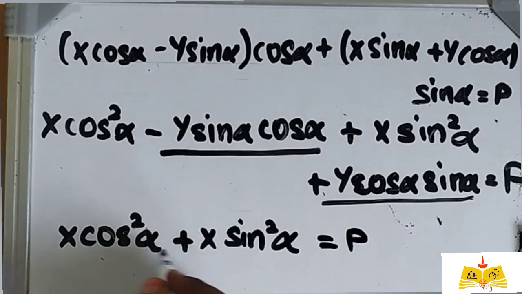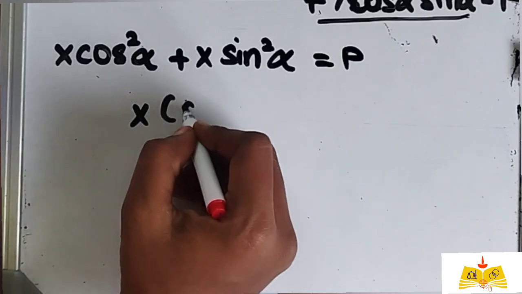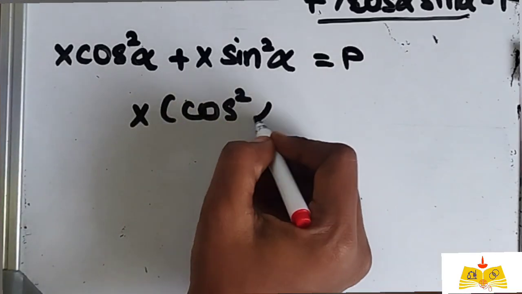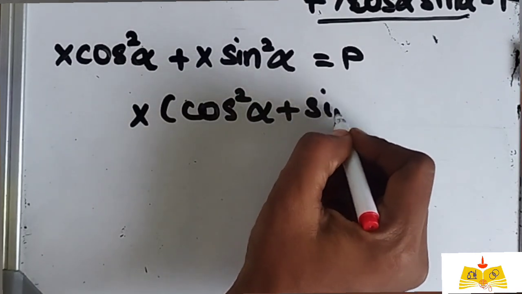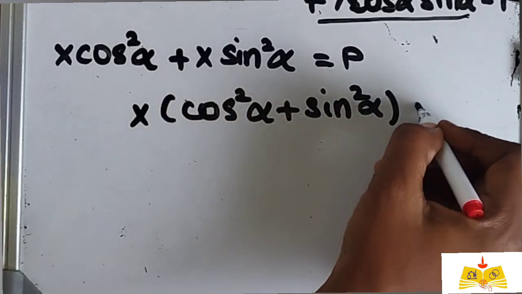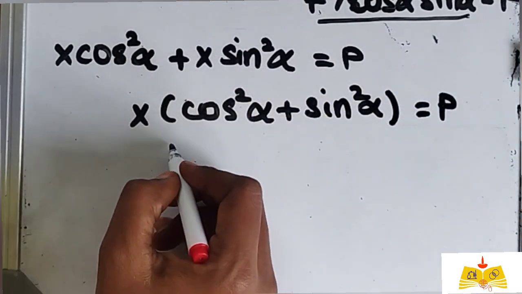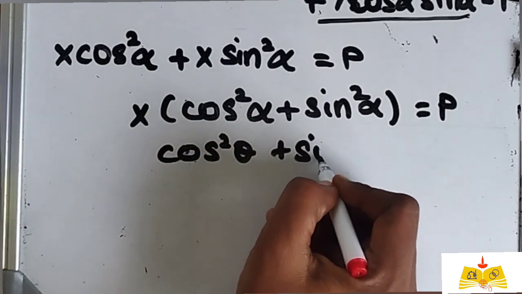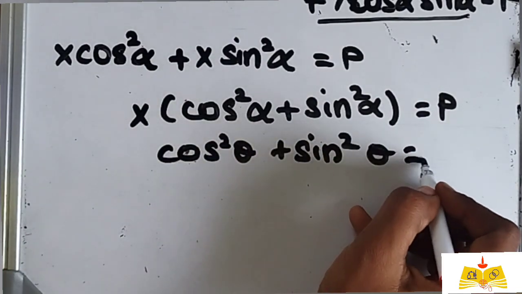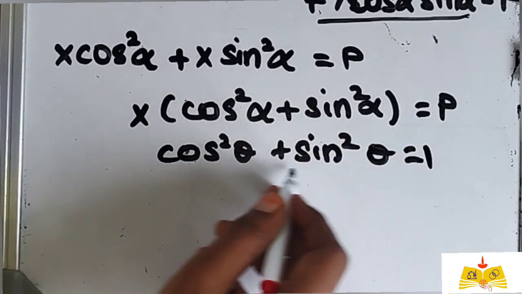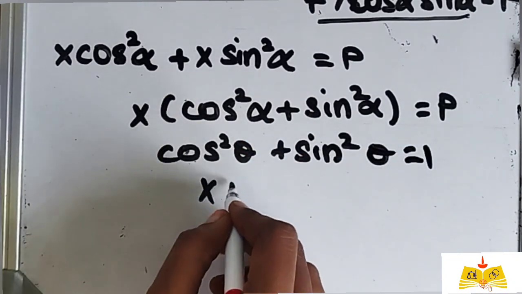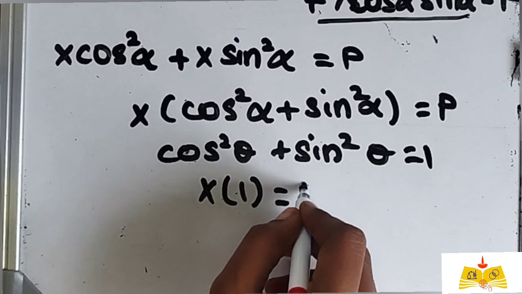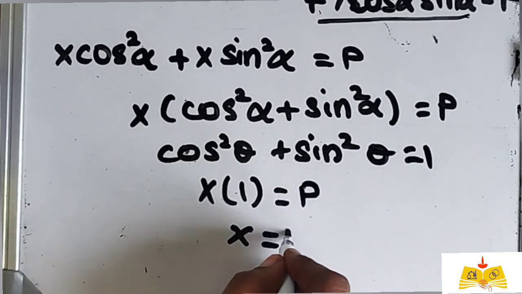Now I am taking this x out. So it will be x times cos squared alpha plus sin squared alpha, which equals p. We know that cos squared theta plus sin squared theta equals 1. So I am going to substitute that here. It will become x multiplied by 1 equals p. So x equals p.